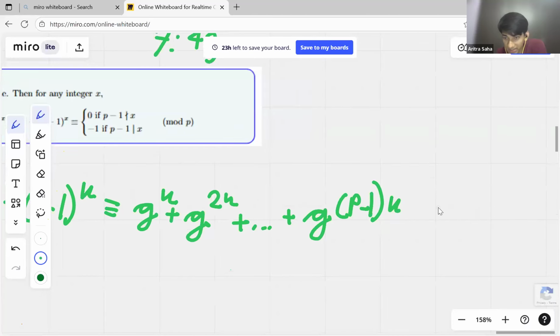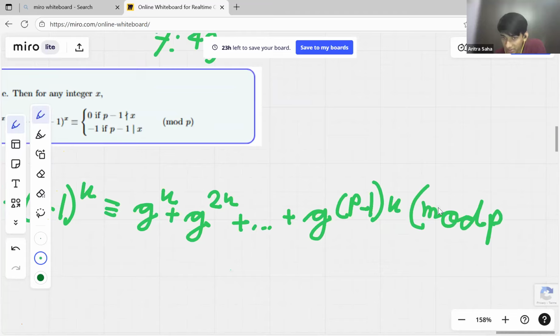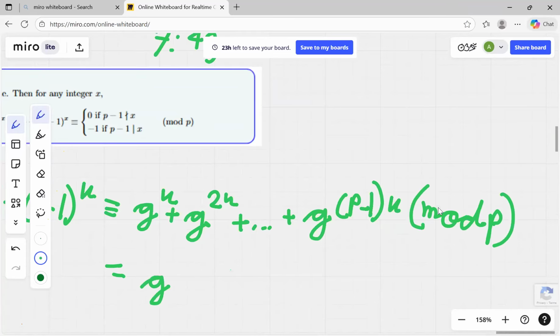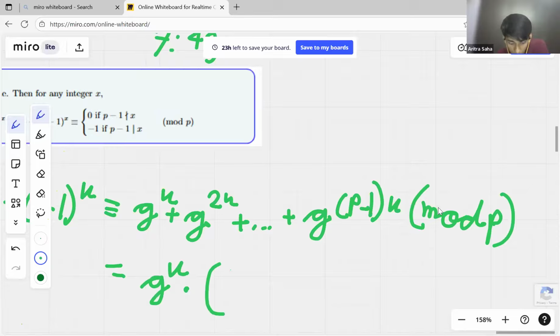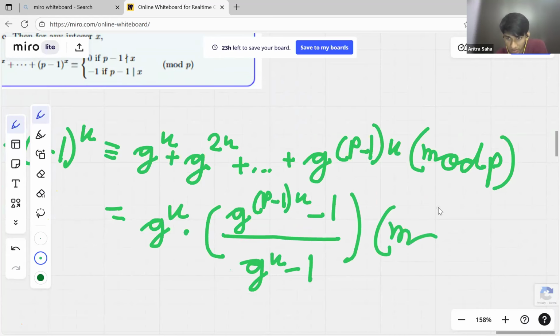This is what I discussed earlier. And now it's just a GP series. The common ratio is g to the power x, so the sum is g to the power x times g to the power p minus 1 times x minus 1, divided by g to the power x minus 1, mod p.